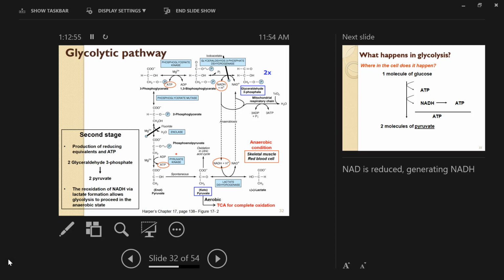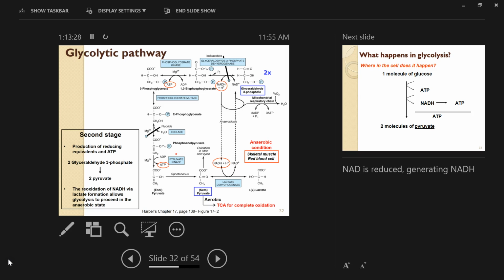It is generated here and used up here. So basically it's 0. No NADH is generated during the anaerobic conditions. Does that make sense? So the total ATP is also different if glucose is metabolized in the brain cells versus in the blood cell. Any question?